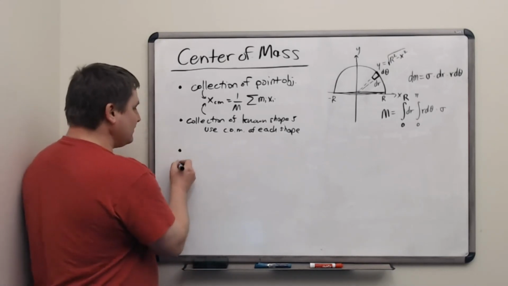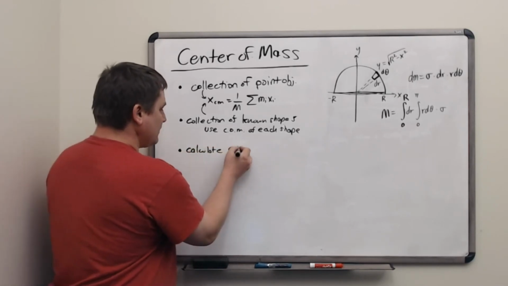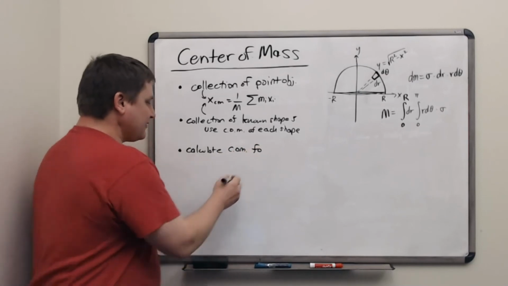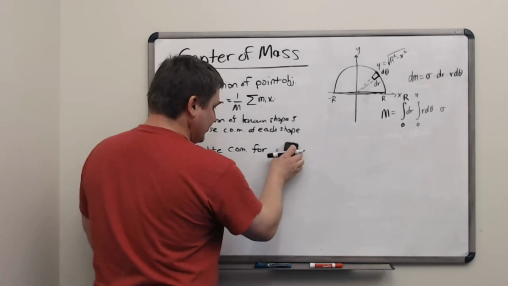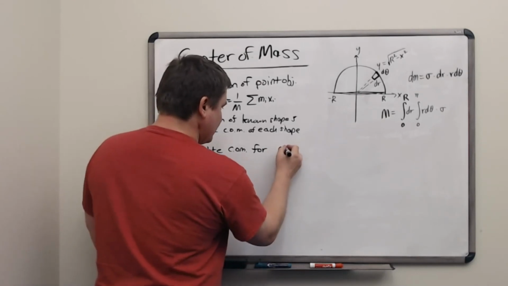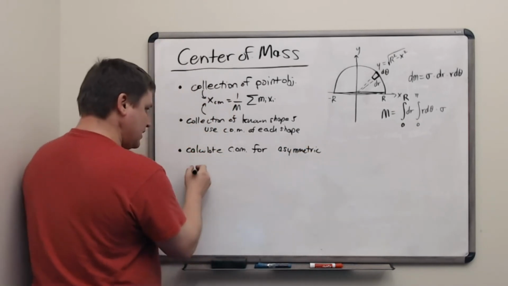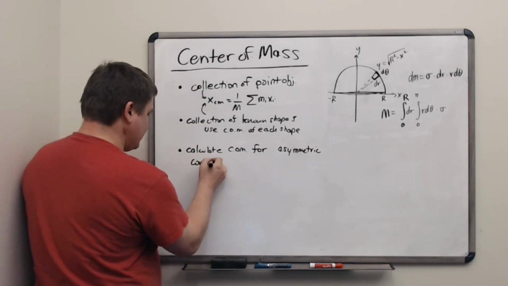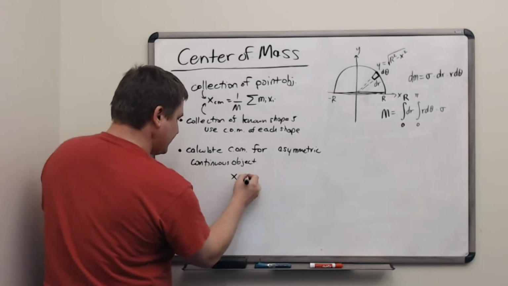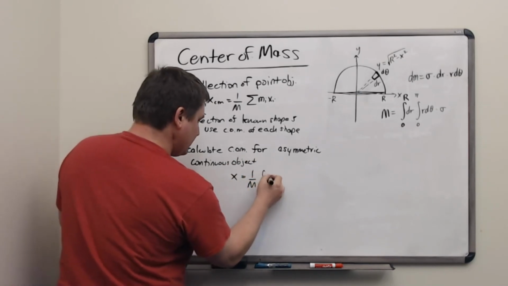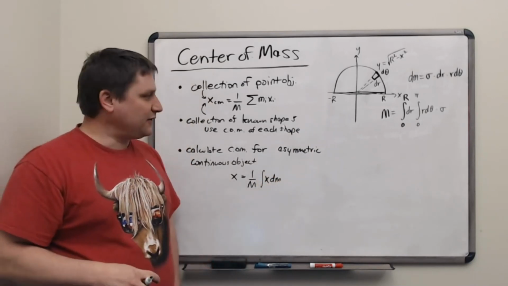And then the third thing we'll know how to do is calculate the center of mass for an asymmetric continuous object, using the method of integration that we just went through for the triangle.